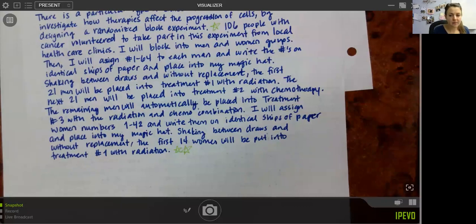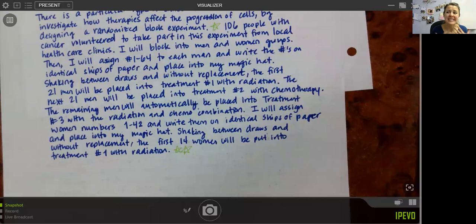Okay, so now we might want to take a second to think about blinding and placebo. Maybe it's not so important for patients to necessarily know. We could design our experiment so that they would be blinded. But between radiation and chemo, I have a good feeling they're going to know what they have. There may not really be a way to blind that. Placebo, these are cancer patients.